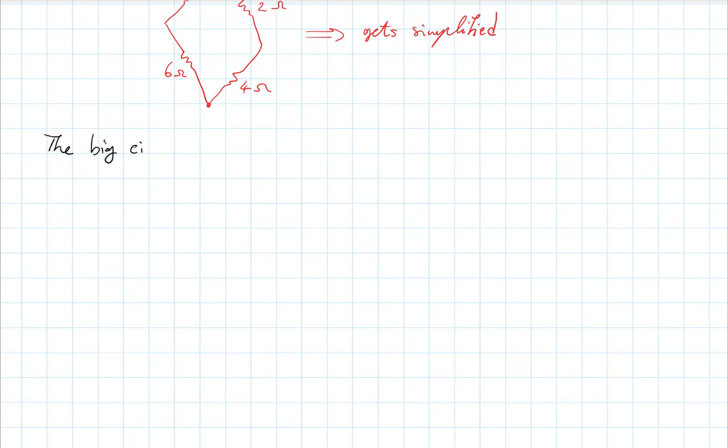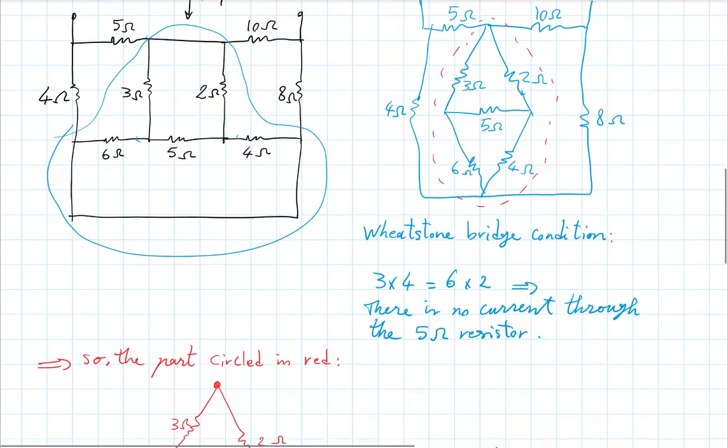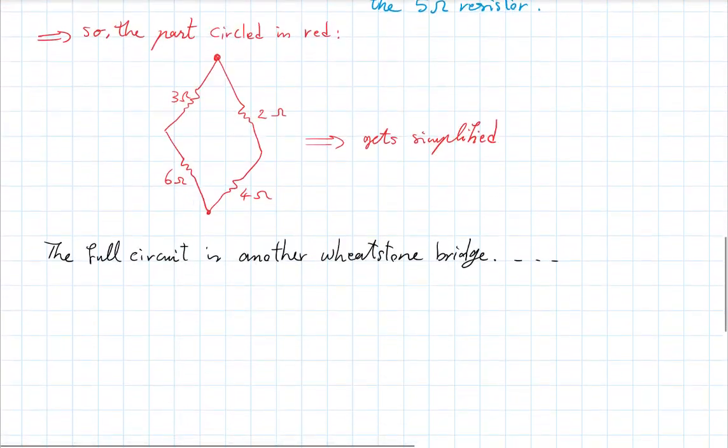The big circuit, or the full circuit, is another Wheatstone bridge, because 5 times 8 is 10 times 4.